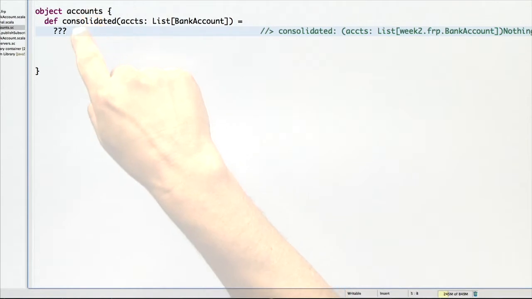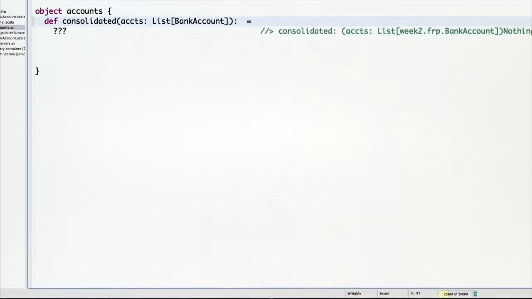I have written a worksheet accounts, and I've given already the header of a function consolidated, which should return the sum of all the balances of the accounts in this list here. So the type of consolidated would be a signal of int. And its definition would be, we define a signal, and the signal is defined by means of mapping over all our accounts.